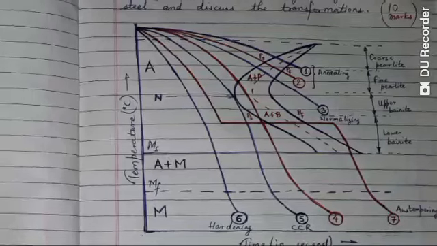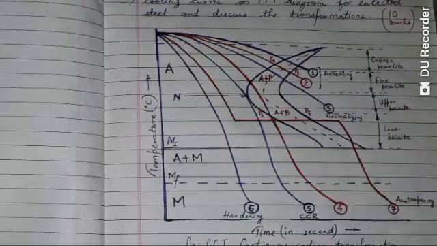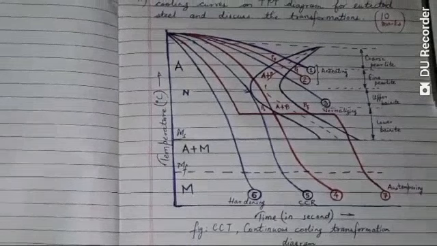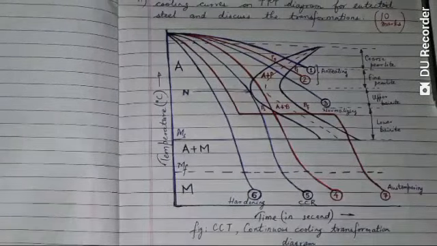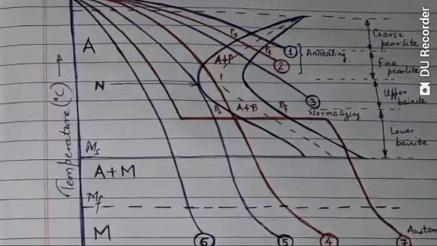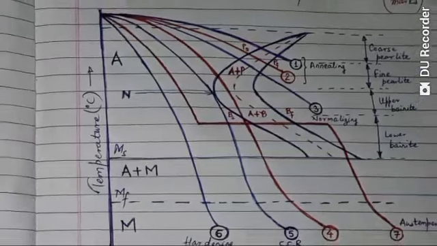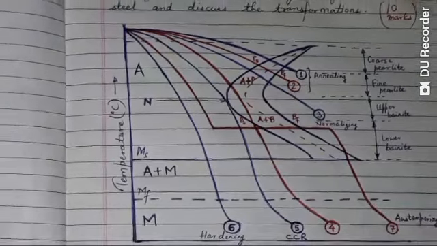and then the curve number 5, which is the CCR, that is critical cooling rate. So then 100% martensite can be formed, and then curve number 6, as you can see over here, and then 7, which is also having a temperature, which is held for some time, and then again it is cooled further. So it is austempering, it is called as.